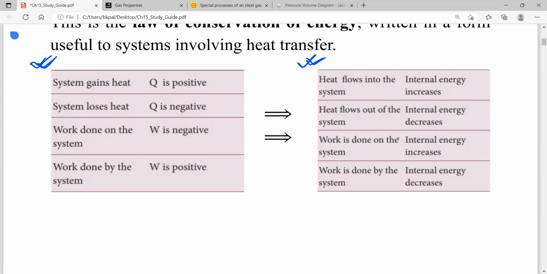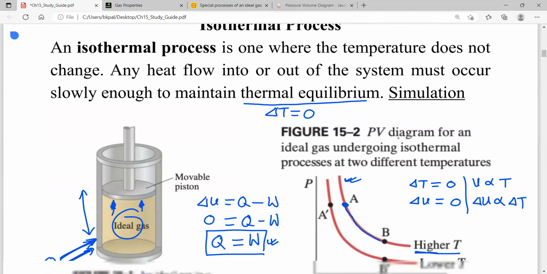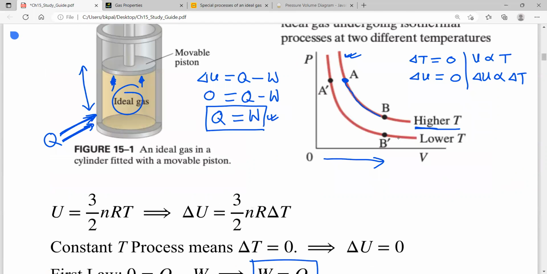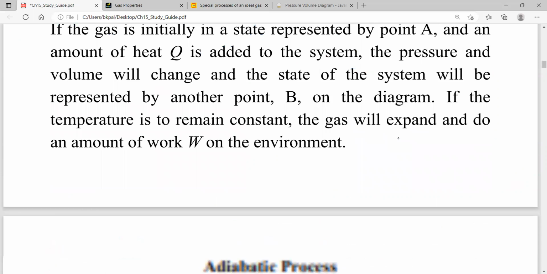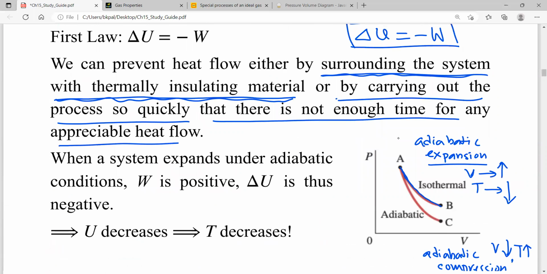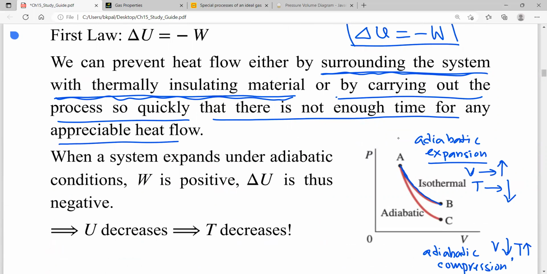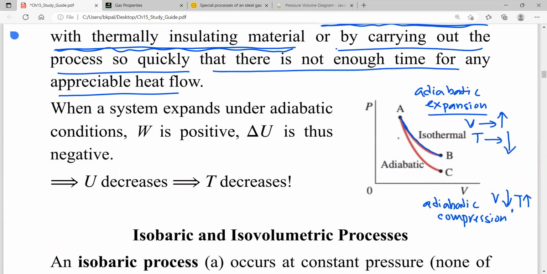Okay, and vice versa. So I'm going to show how work done and volume are related in the next slide. That will probably help you understand better why in adiabatic expansion the temperature decreases, and in adiabatic compression why temperature increases.